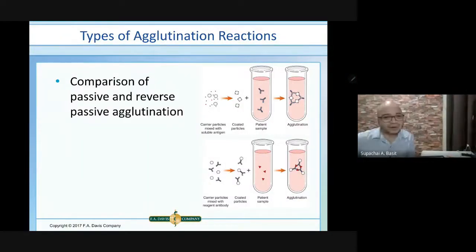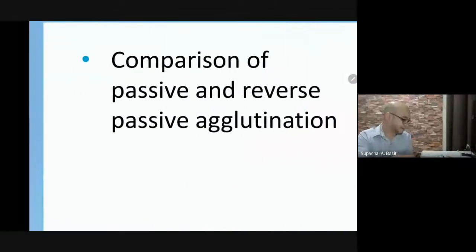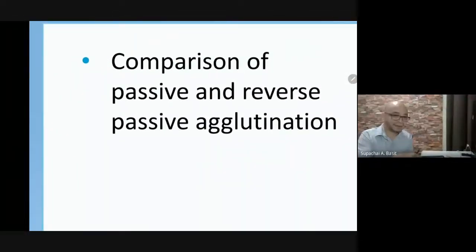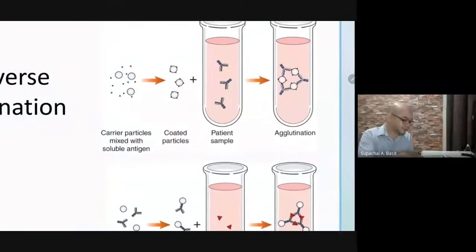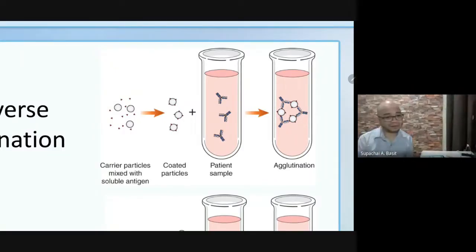So if we will be comparing passive and reverse passive agglutination, you would notice that in passive agglutination, the carrier particles such as the latex particle are mixed with soluble antigen.